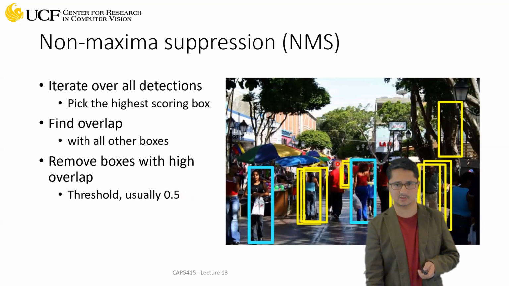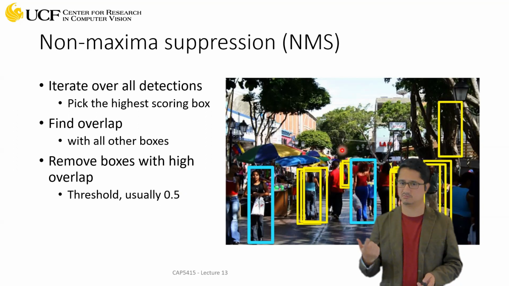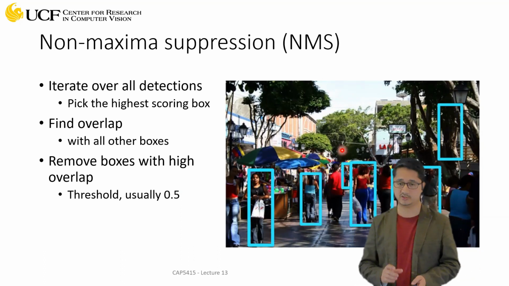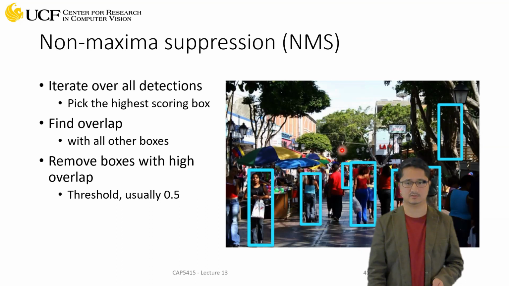You can see that some of these bounding boxes are overlapping, but the overlap might not be that high, so we still keep those. You keep doing that for all the bounding boxes, and finally we get a result like this. This is much cleaner. That was the post-processing step, and you can see this algorithm is already doing pretty well. Next, we'll see how we can evaluate this kind of algorithm.